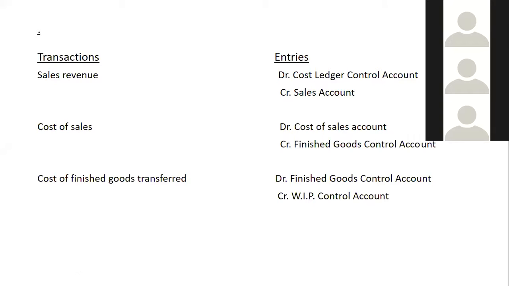Then we credit our work in progress control account, because last week we were told that cost of finished goods transferred is supposed to be credited to the work in progress control account. These are some of the major transactions that we will be looking at.